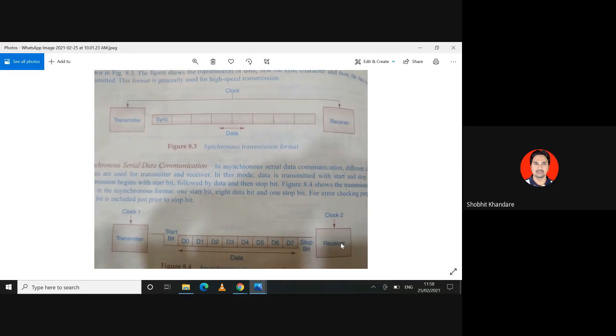So this is just for the confirmation that stop bit has been received, and depending upon that it will stop receiving the bit, and अगर ट्रांसमीटर को फिर से कुछ भेजना है, it has to send in this particular format.